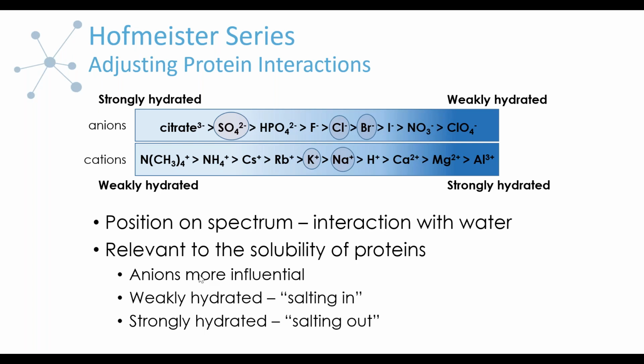The idea is that the position on this Hofmeister series or spectrum of anions and cations is determined by how these ions interact with water. So we have the anions on top, cations on the bottom, and their behavior is actually flipped. And we find that the anions are more influential.